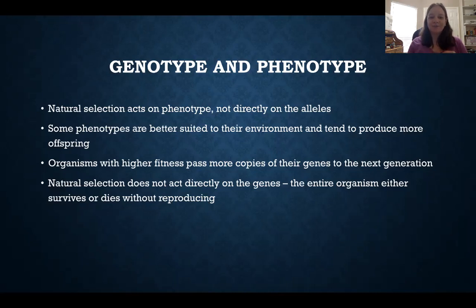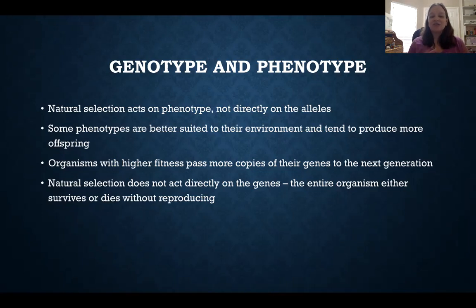Certain phenotypes are going to be better suited to the environment, and individuals who have those phenotypes are going to produce more offspring. Those would be the organisms we would describe as having higher fitness, and they pass on more copies of their genes to the next generation.